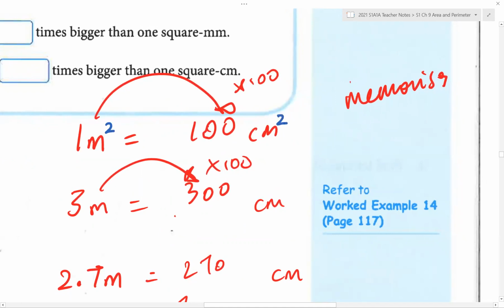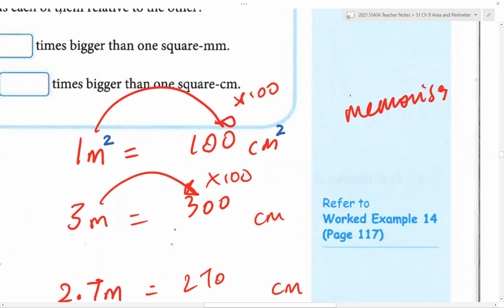Look, this is not the same. We know that 1 meter is equal to 100 cm. But when I change it to 1 square meter, now I'm talking about area. I cannot just put square on a meter and say that 1 square meter equal to 100 square cm. They are not the same. Okay? How to make them the same?